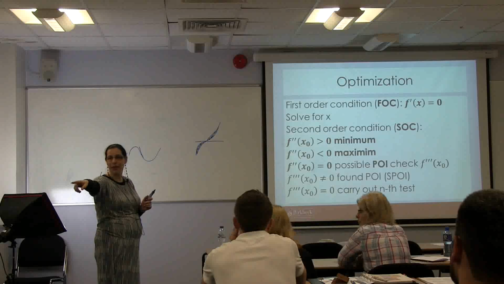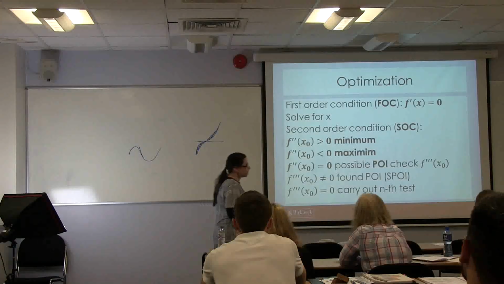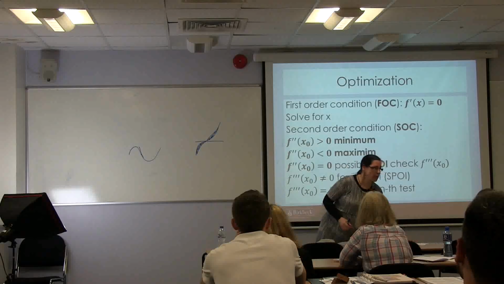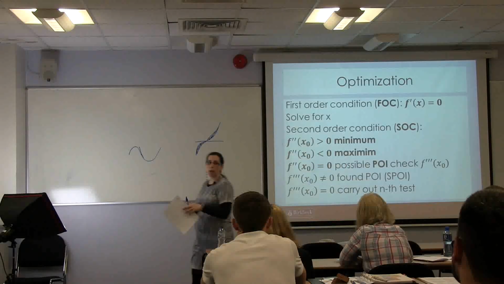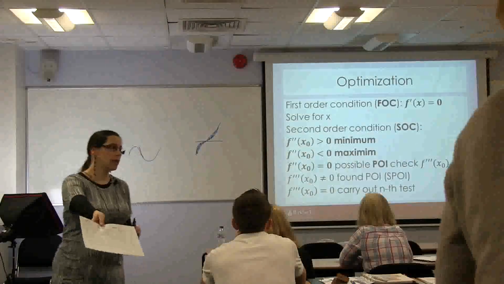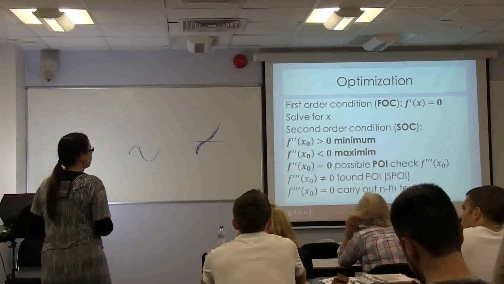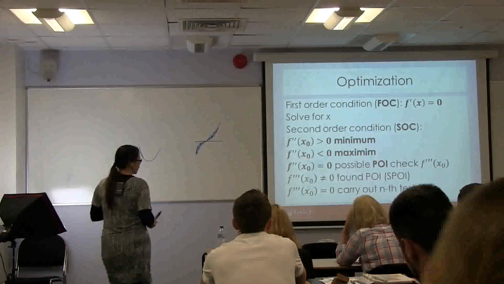No worries, the slides are there. Then you find the second order derivative, and you substitute back every one of those values that you found previously and check if each is a minimum, maximum, or point of inflection.